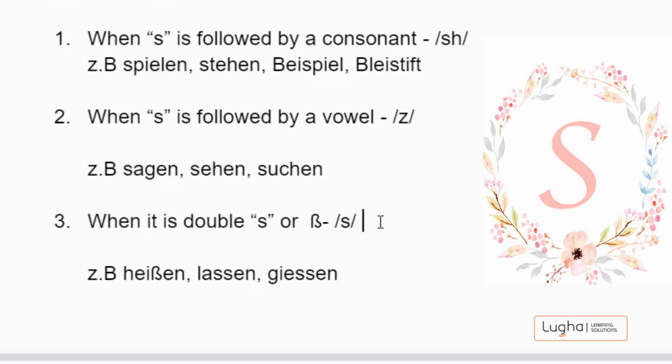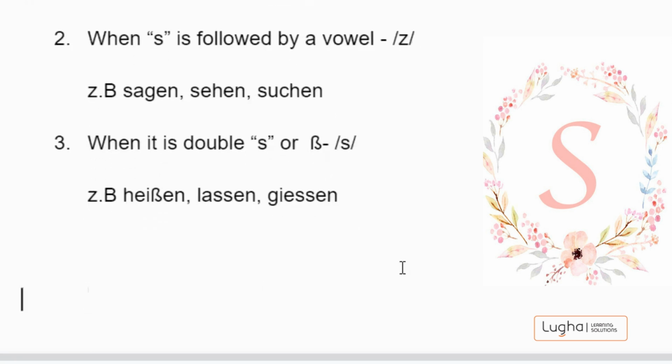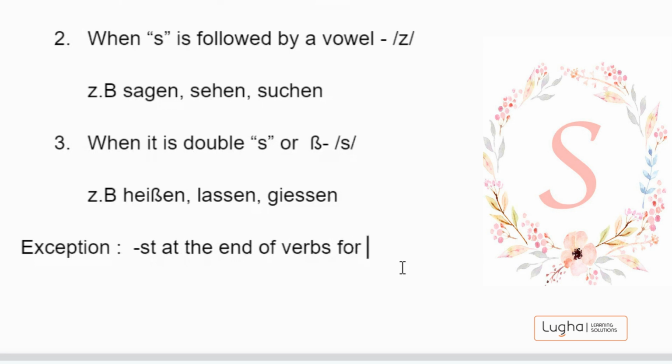Then, of course, it is said that every general rule has an exception. The exception here, and please take very careful note of this exception, is when S appears followed by T at the end of verbs, for purposes of conjugation.